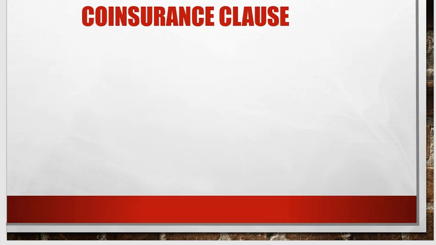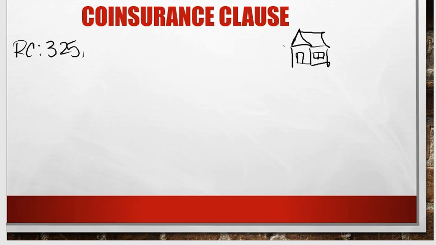So let's say, let me do my house again. This one looks a little bit better. Put a door and a window there. So let's say the replacement cost of my home, because it looks a little bit better, was $325,000.